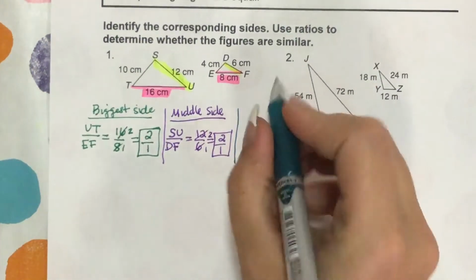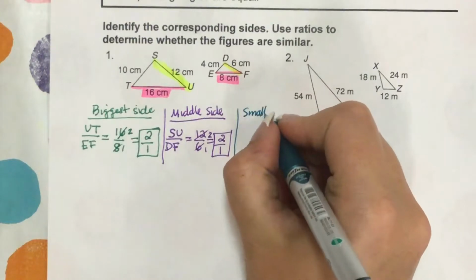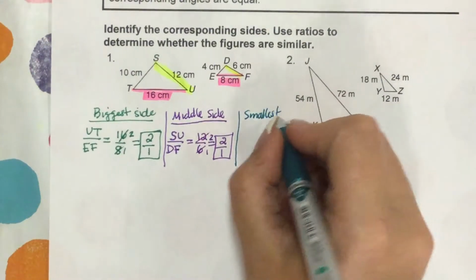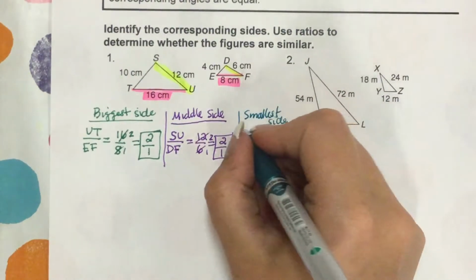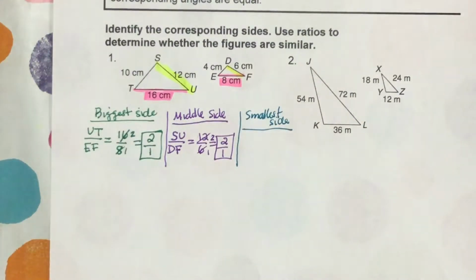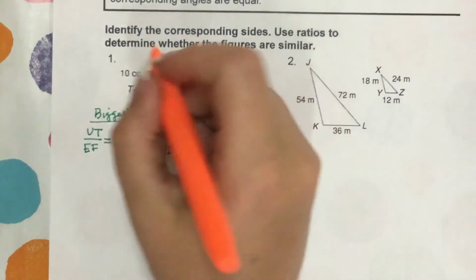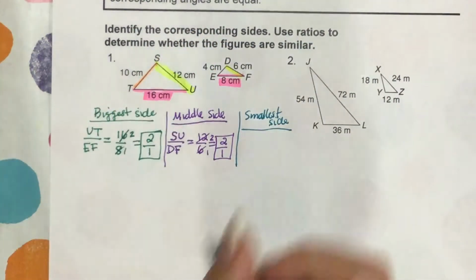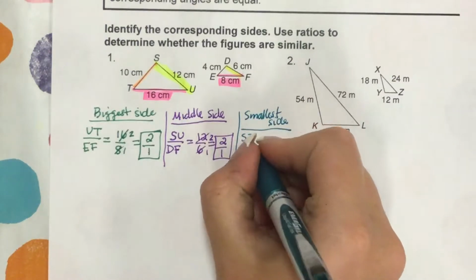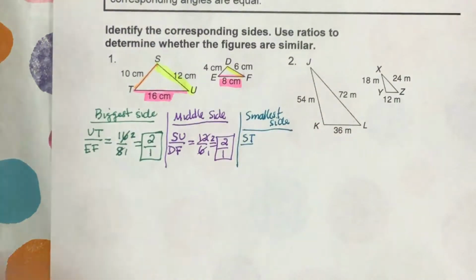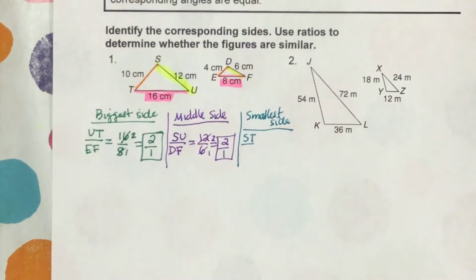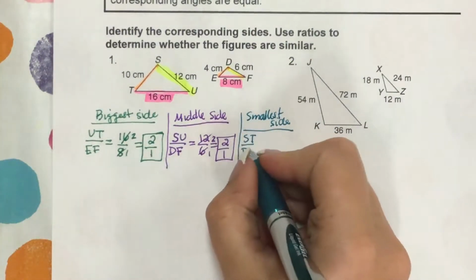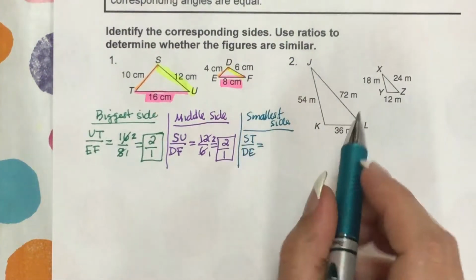Now let's do the last one, the smallest side. The shortest side here would be ST over the shortest side here, which would be DE. Then we just fill in the numbers.